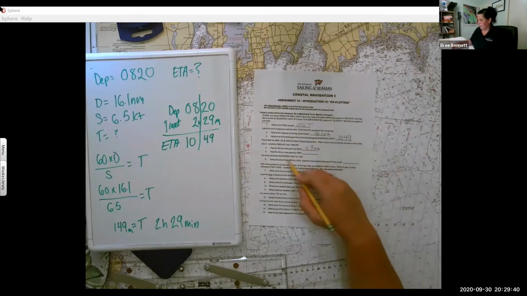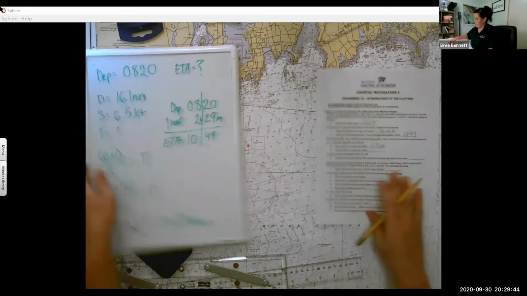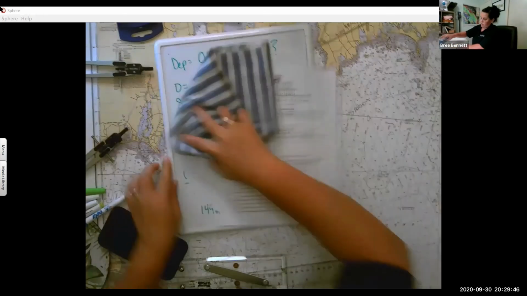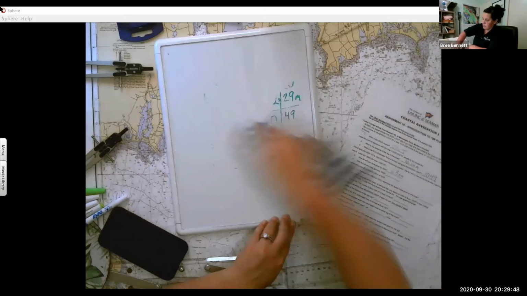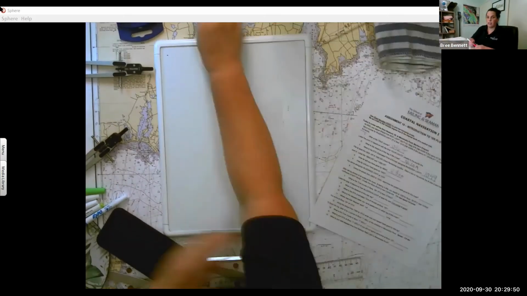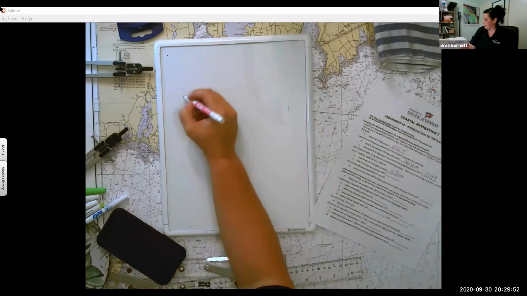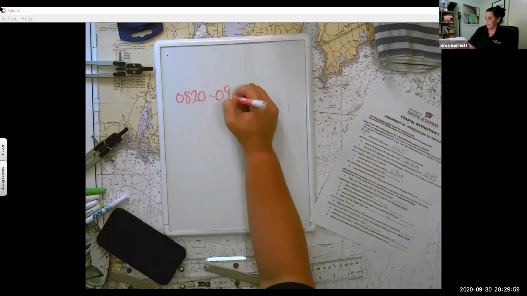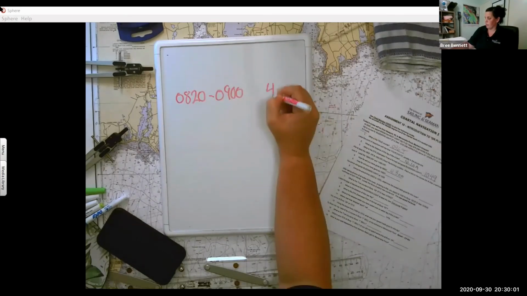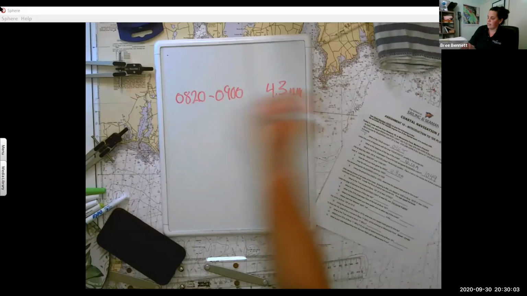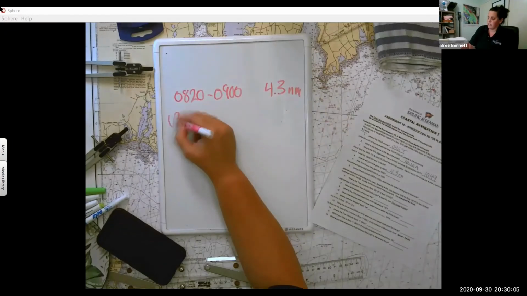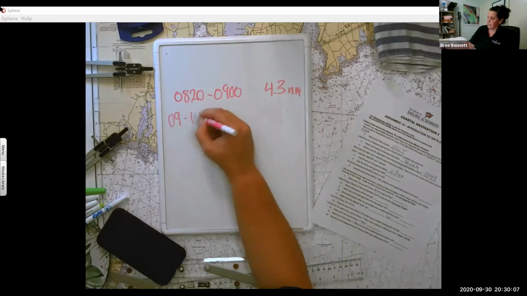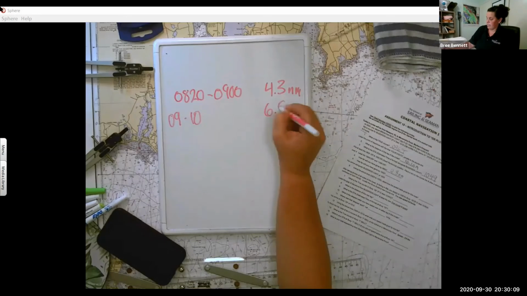And then how far would you have gone by 10? From 0820 to 0900, I went 4.3 nautical miles, and then 9 to 10, I go 6.5.